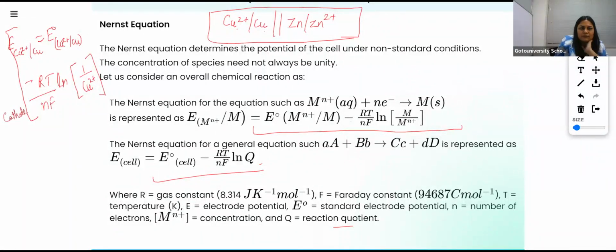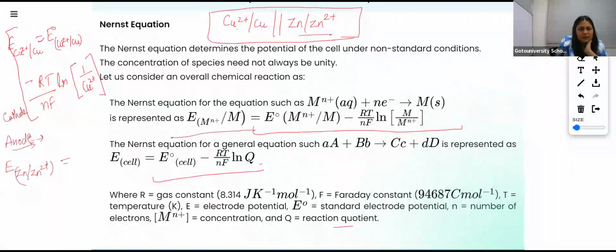So now let's write the anode side reaction. At the anode, what reaction is taking place? This one. Can we write the Nernst equation for this using this? Yes. Zn goes to Zn2 positive.